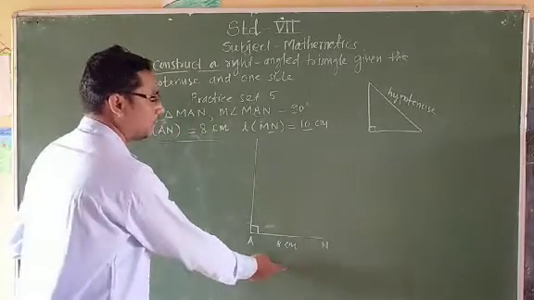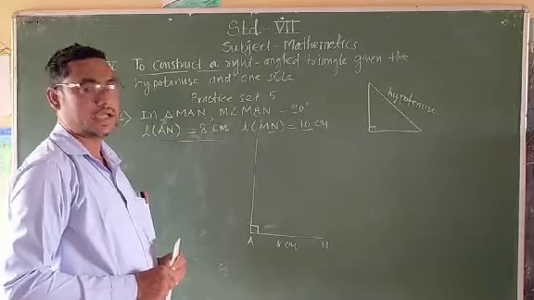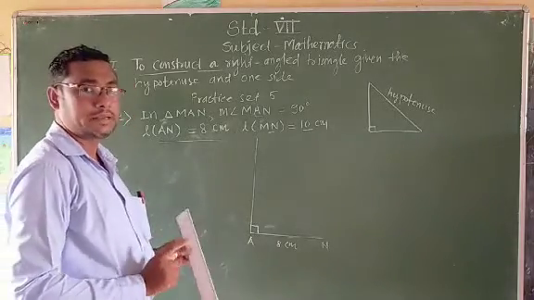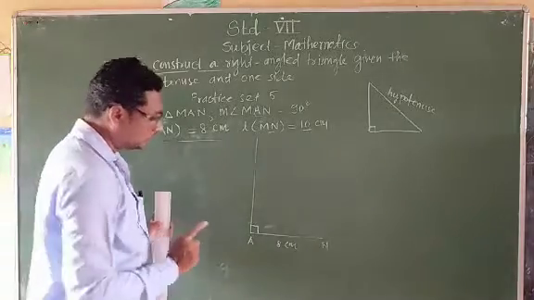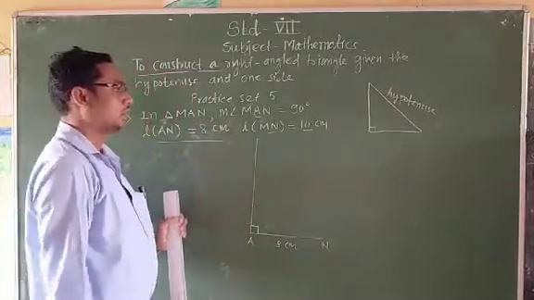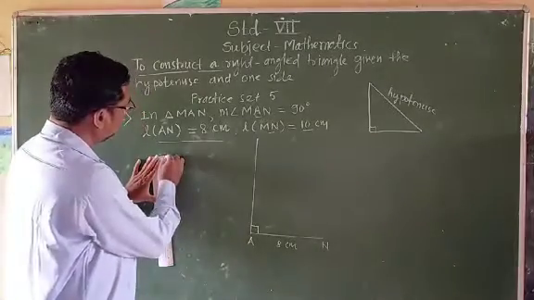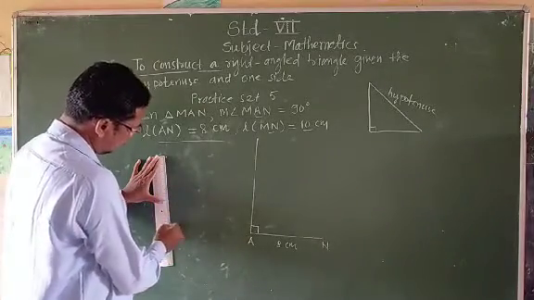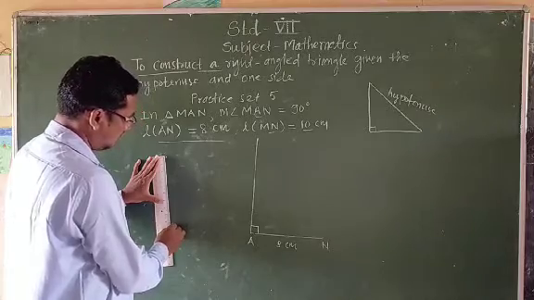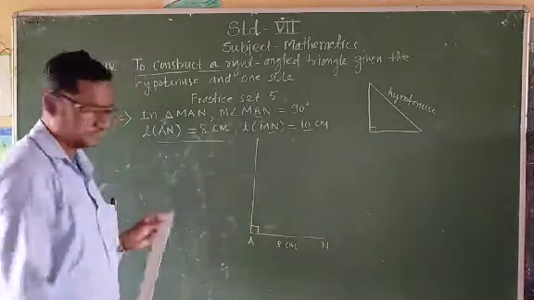Means 8 centimeter we take here. Now MN how much? 10 centimeter. I am not taking the exact measurement here, that you have to understand. AN how much? 8 centimeter. Now MN 10 centimeter. So count it. 1 and this is 10. Okay. 10 centimeter.